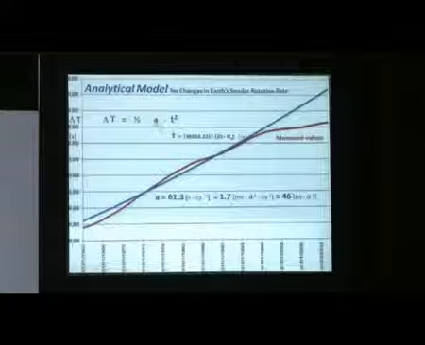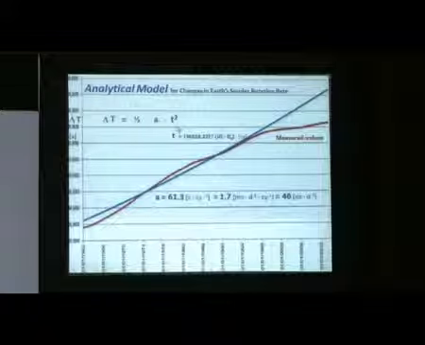Now, on this basis, a simple approach is to look at an analytical model for the change in Earth's rotation rate and just take a parabolic shape, delta T = 1/2 a times t squared.